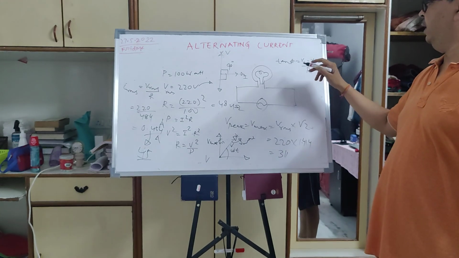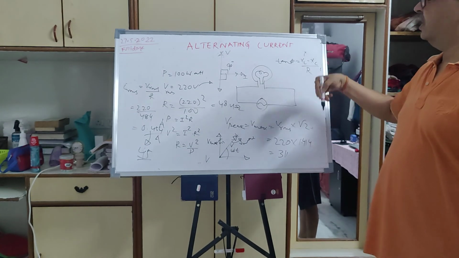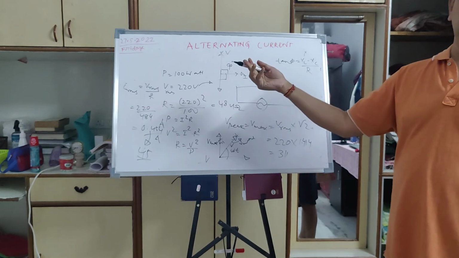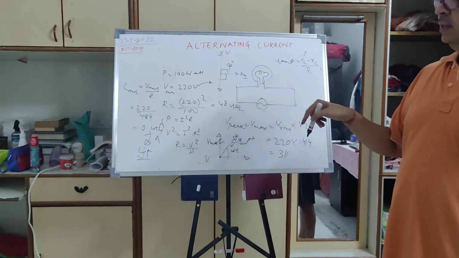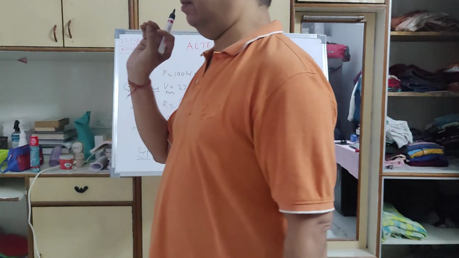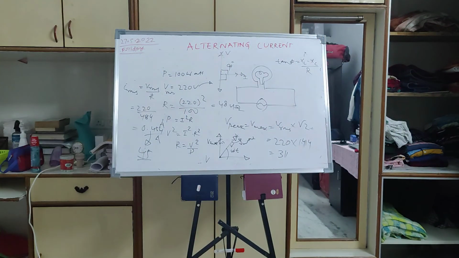If XL is more, then voltage will lead current. If XL is less, voltage will lag current. Just remember, you will confuse between inductor and capacitor: in an inductor, voltage will lead. If you remember that, the capacitor is opposite.